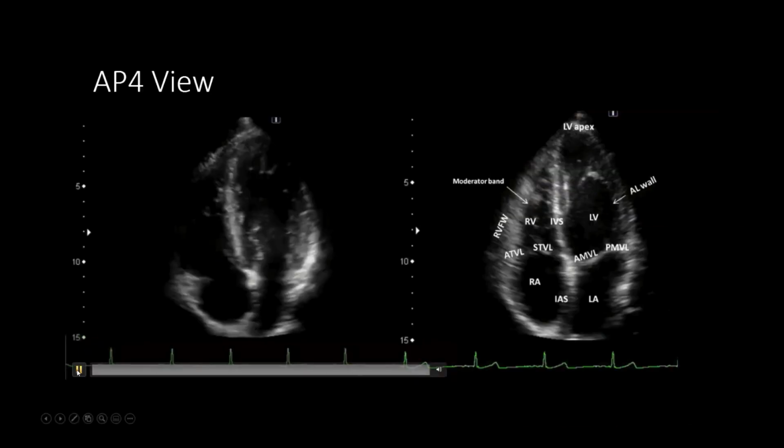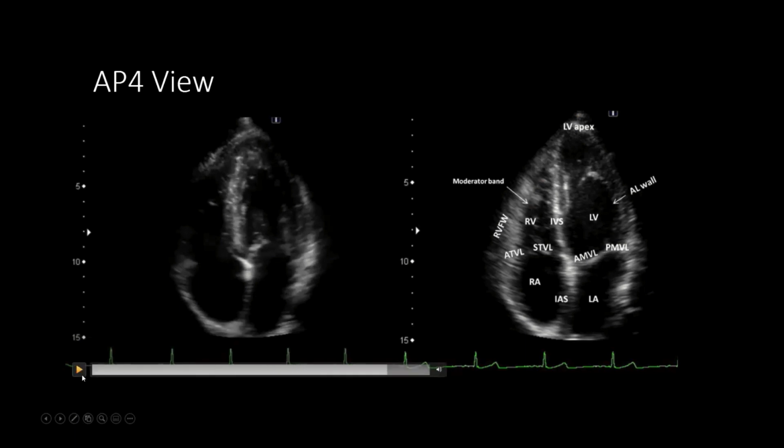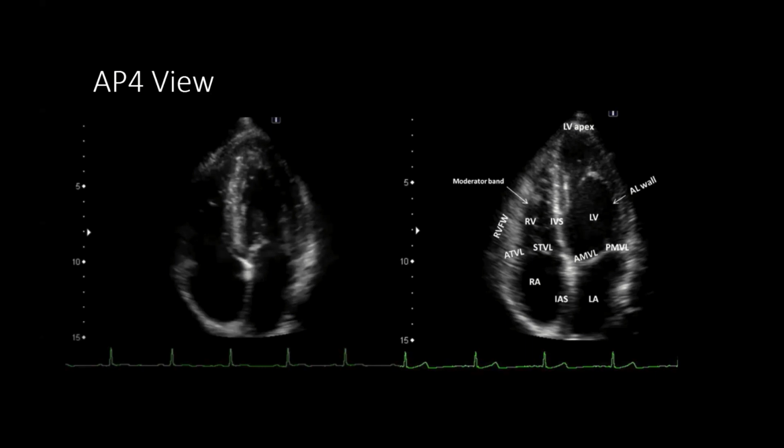It's not only the apical 4-chamber view that can give you the regurgitant jet, and I'm getting a glitching picture here, but the idea is to put the interrogation line of the continuous wave Doppler between the anterior tricuspid leaflet and the septal leaflet in the apical 4 view, because in this view you are most parallel to the regurgitant jet of the blood from the RV to the RA.